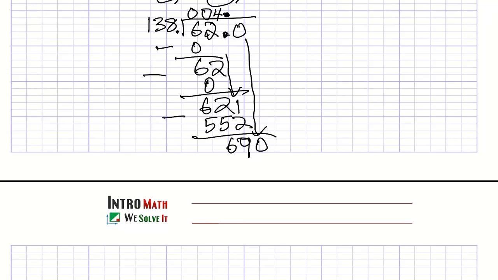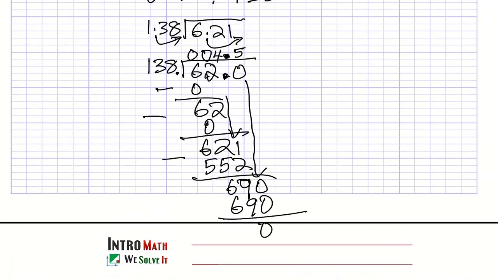Okay, so you put the 5 on the right side of the decimal point, and you multiply 5 times 138. You just use it as is. 5 times 138, you get 690. You subtract, and then you get 0, right? Okay, you get 0, and then we're done. So you write your answer from there.